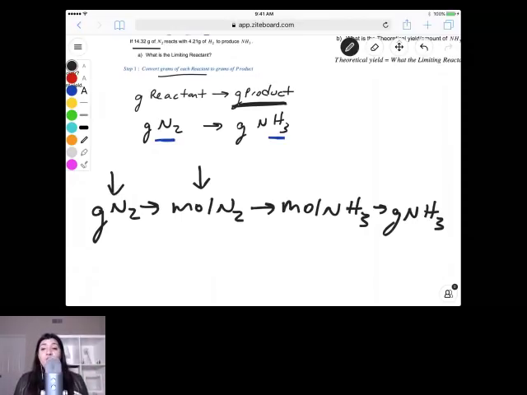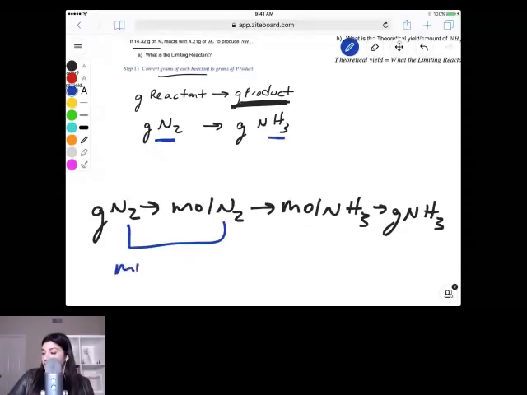I'll do that little roadmap again. The first part was going from grams to moles. Anytime you're going from grams to moles, we use the molar mass. Let me give you an even better explanation of why we use the molar mass.